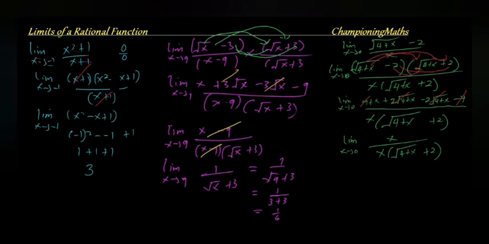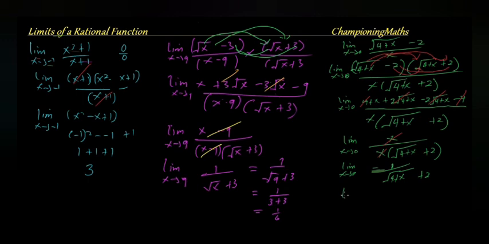Again, we can reduce our fraction by x. Now our limit as x approaches 0 will be 1 over square root of 4 plus x plus 2.